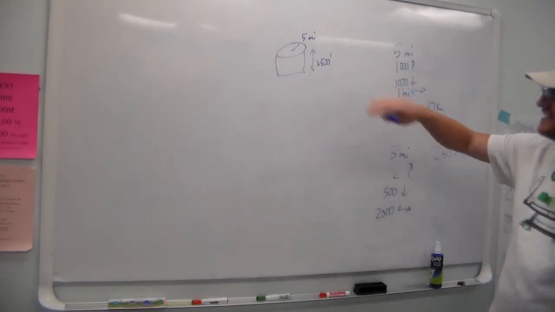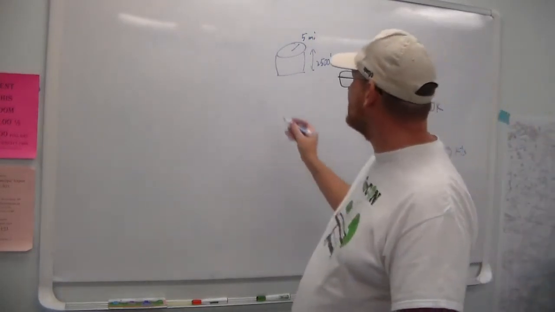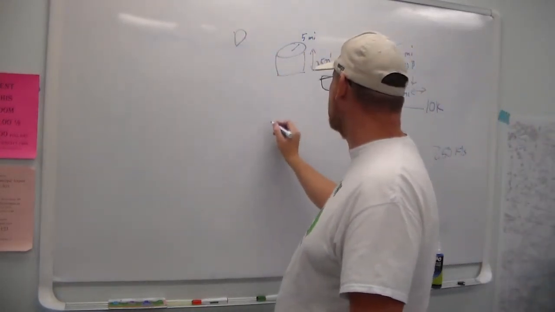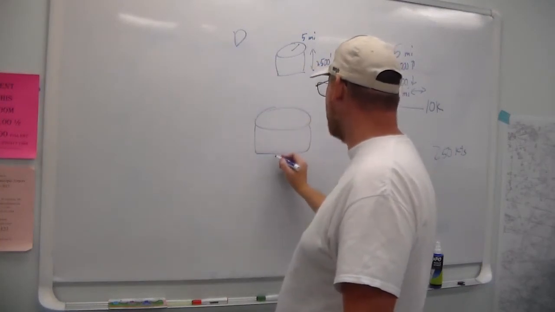So that's Class D. Then we have Class C, which again we talked about in the last chapter, where typically you're going to have the 2-layer cake.